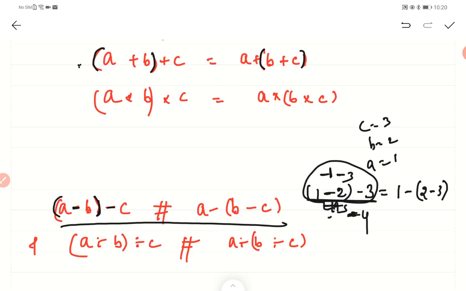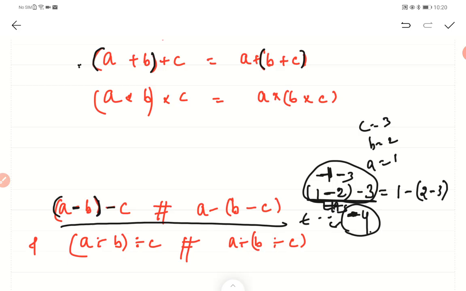Since you don't know about this, I just want to show you that this will not be true. You'll get an integer number. So minus 4 belongs to integer numbers. So obviously, the basic operation, the commutative property itself, is not true for subtraction.